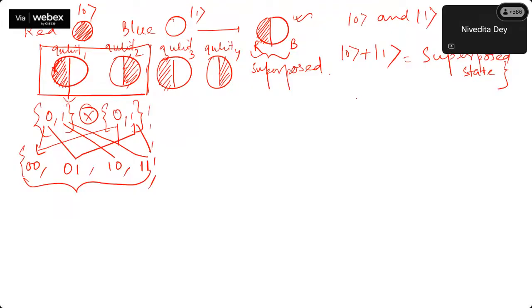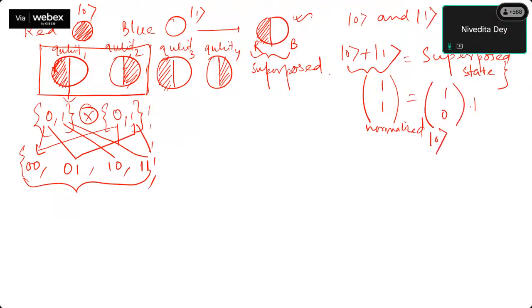So 0 plus 1 will look something like this, 1, 1. There will be certain amplitude, I'm not considering that. Just understand so far that this is also normalized, because it has 1, 0, which was ket 0, plus 0, 1, which was ket 1 together.